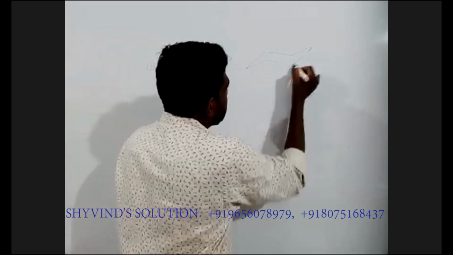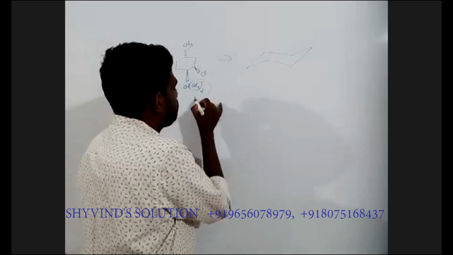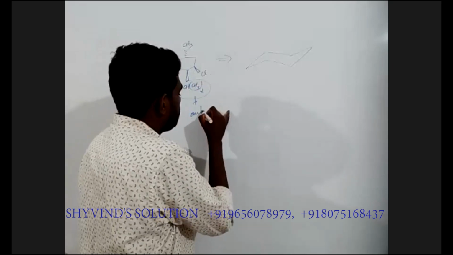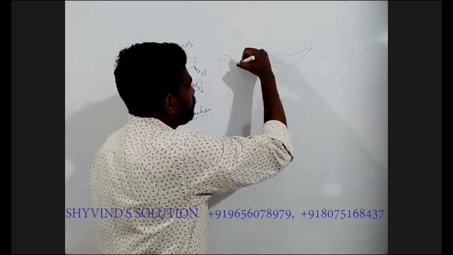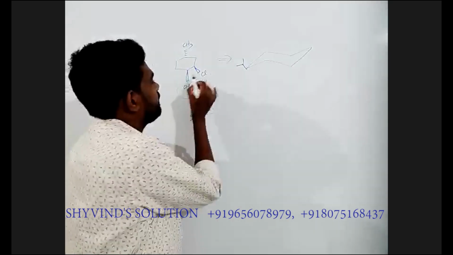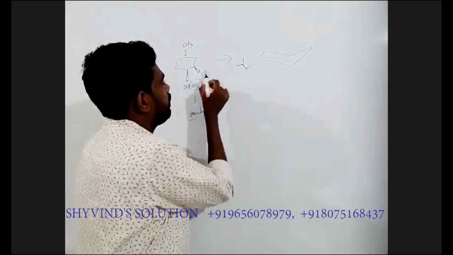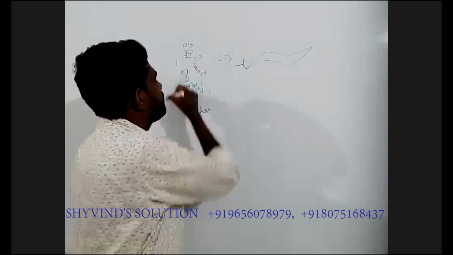When you are writing a chair form, the bulky group is known as the anchoring group, and the anchoring group should be at the equatorial position. This is the substitution: 1, 2, 3, 4.